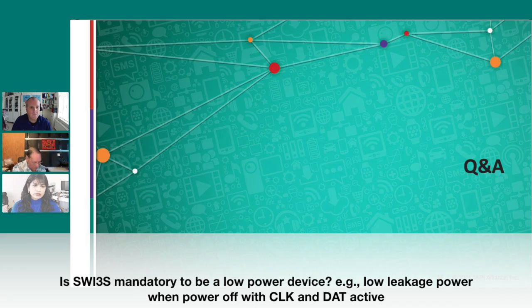I guess you might also be asking about whether the ESD protection circuit is ground only referenced, also sometimes called failsafe. We do recommend it, but we don't require it.